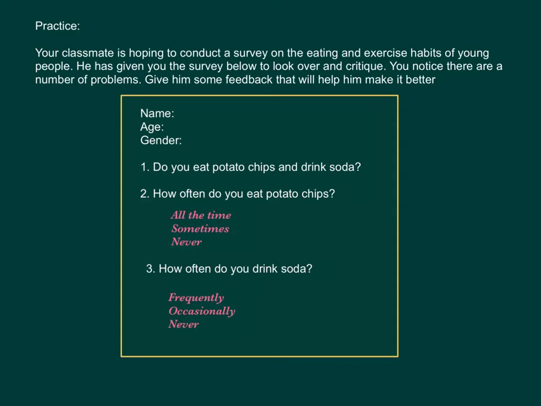The questionnaire: Name, age, gender. Question 1: Do you eat potato chips and drink soda? 2. How often do you eat potato chips? All the time? Sometimes? Never. 3. How often do you drink soda? Frequently? Occasionally? Never.